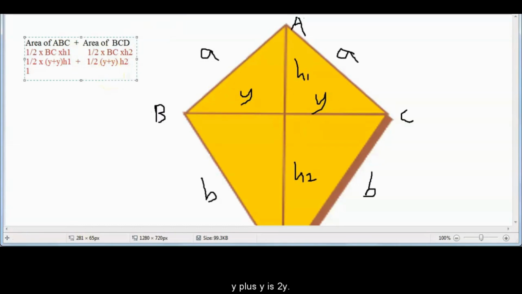This is going to be half times 2Y times H1 plus half times 2Y times H2.